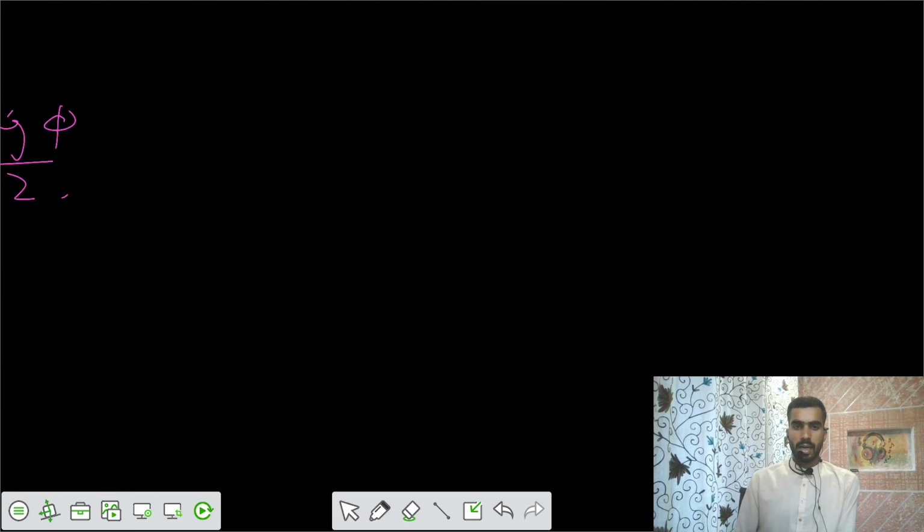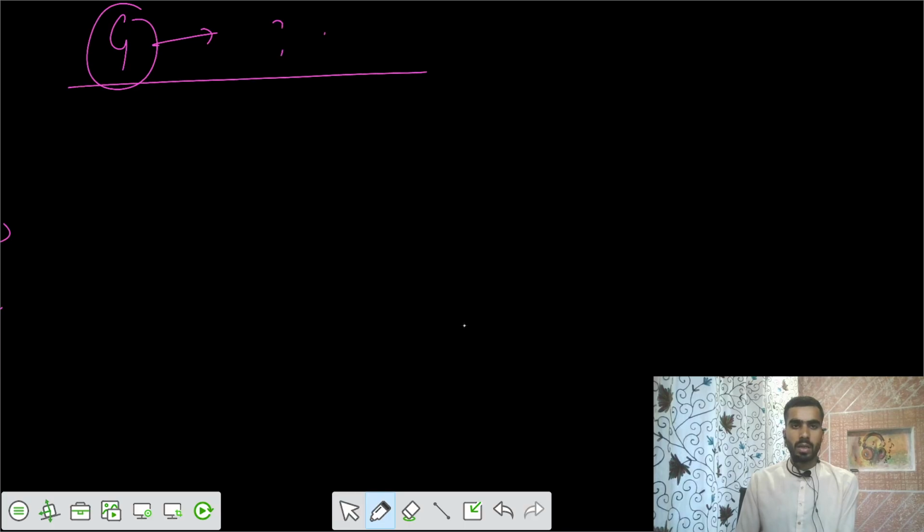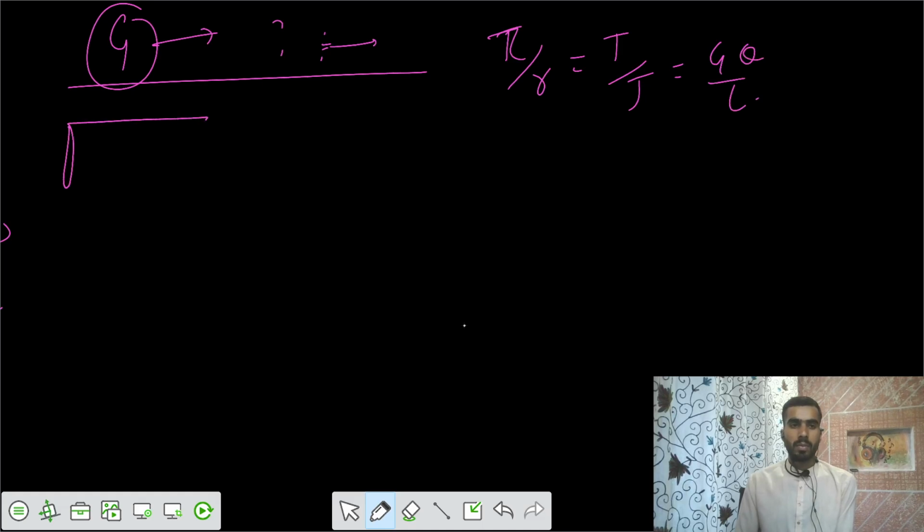One more thing is how can you get the value of G? We have the equation tau by r equals T by J equals G theta by L. Now you have some shaft and you are doing a torsion test.